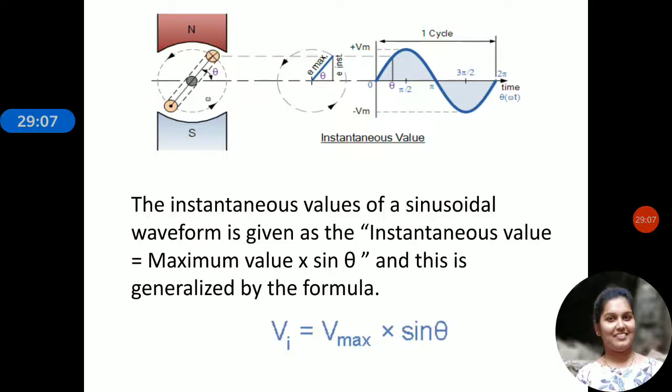So what we can write is that the instantaneous value will be the maximum value times the sine of the angle of rotation, as it is a sinusoidal kind of signal.